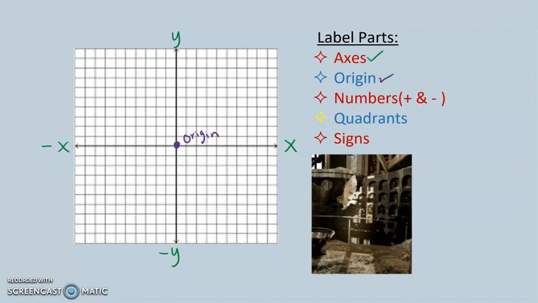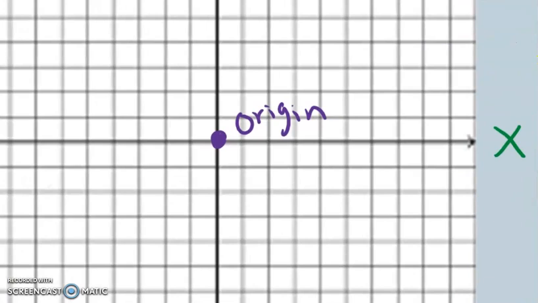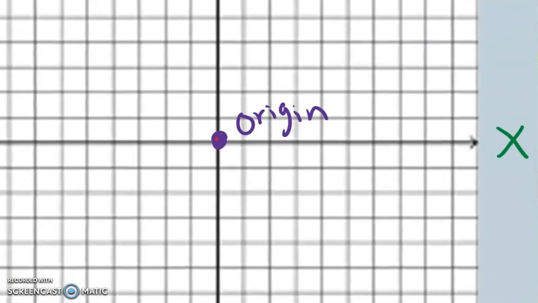The numbers for this one is super important because we need to realize that when we're graphing and using these points, we're actually looking at the lines of the graph, not the boxes that are made from the lines. So I'm going to zoom in real quick so that we can see it real close. If right here is the origin, then this line here is 1, and then 2, 3, 4, 5, and so on.